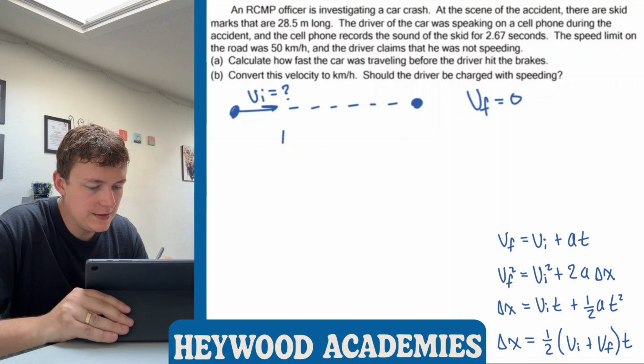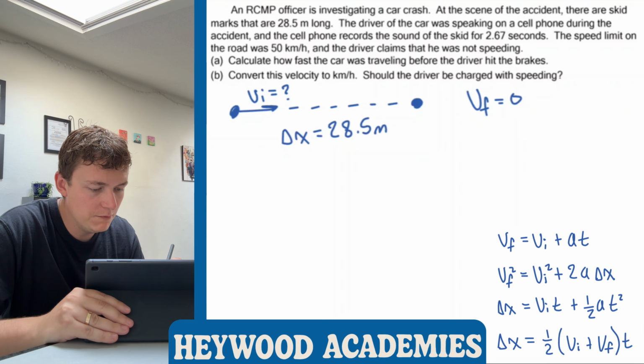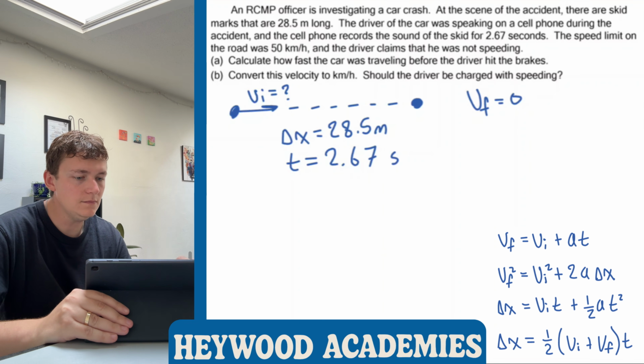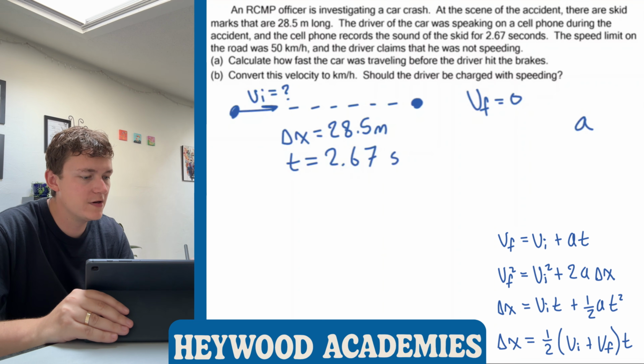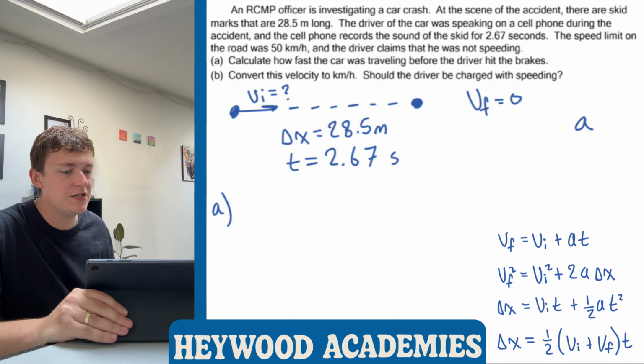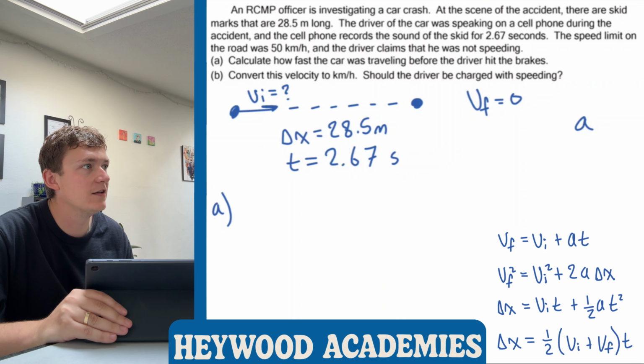We know that the displacement, the skid marks, are 28.5 meters, and we know the time that it took to stop was 2.67 seconds. So the first thing is that we are not concerned about the acceleration for part A. So we're going to find an equation which does not have the acceleration and go with that.